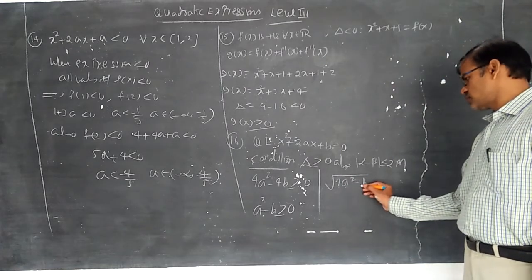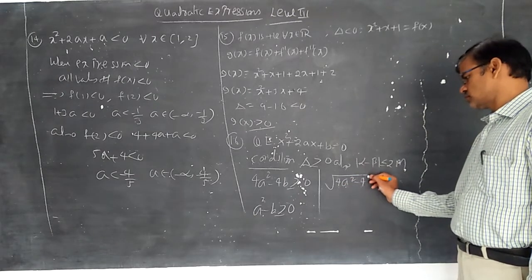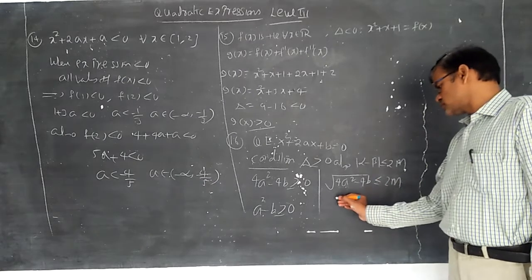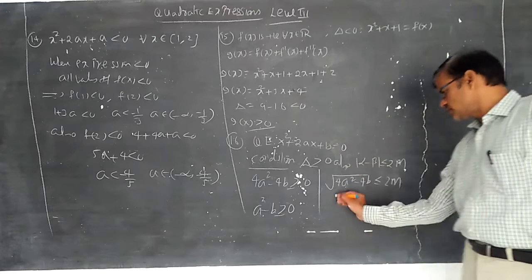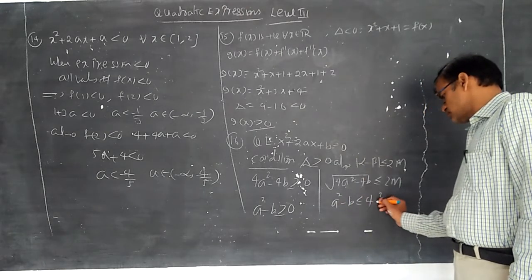Means root of 4a square minus 4b over 2 is less than or equal to m. Squaring both sides and cancelling 2, a square minus b is less than or equal to m square.